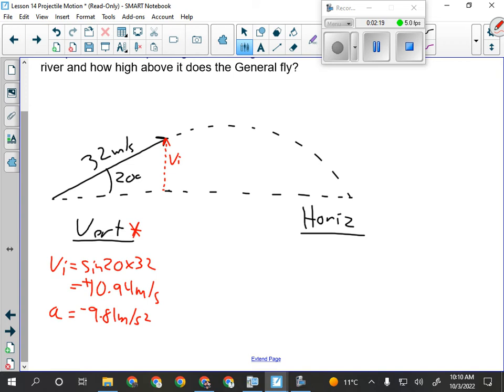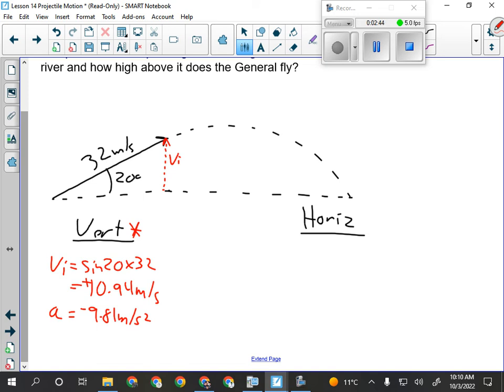Now here's the thing we have to remember. If the initial height and the final height are the same, then how do the initial velocity and final velocity vertically compare? Yeah, they're the inverse of each other.